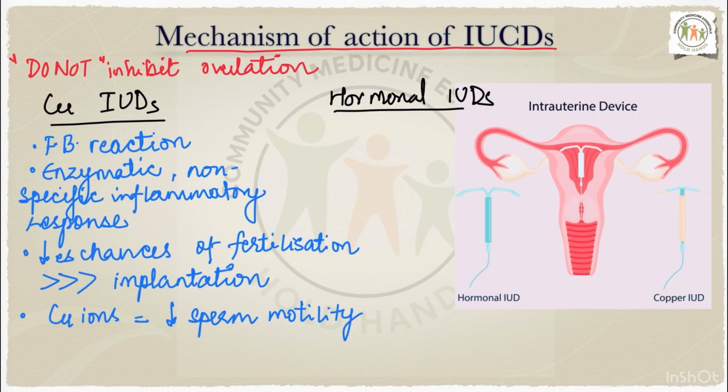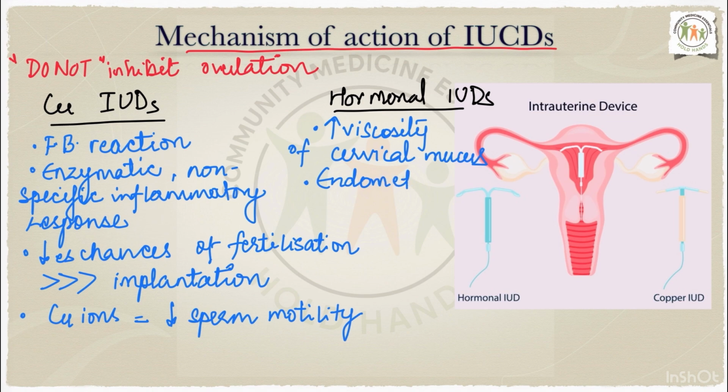Hormonal IUDs contain progesterone, so these devices increase viscosity of cervical mucus, thus preventing sperm penetration, and cause endometrial atrophy.